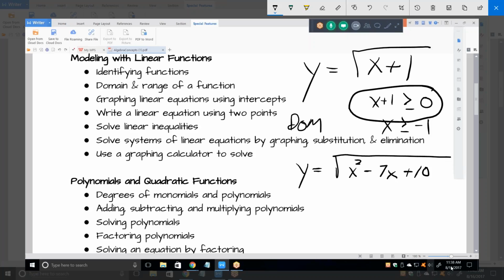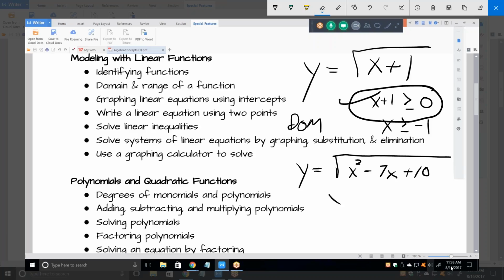So how would you figure out the domain on this? This covers a lot of math steps. In other words, there's a lot you need to know to figure out the domain on this. Start with this step right there.